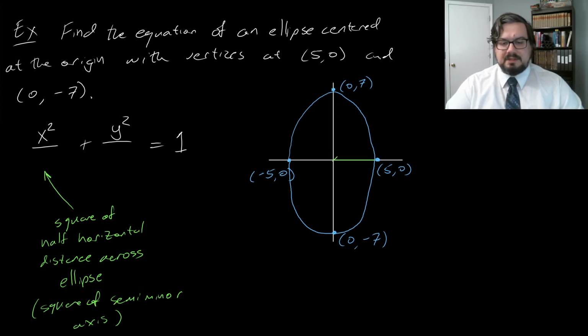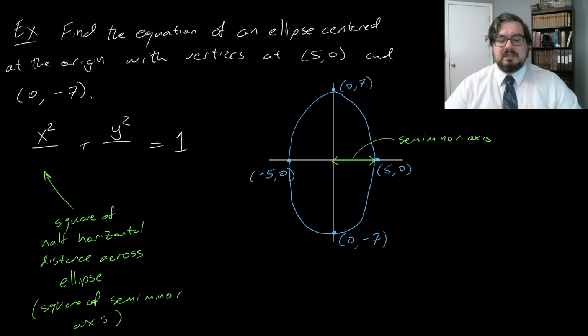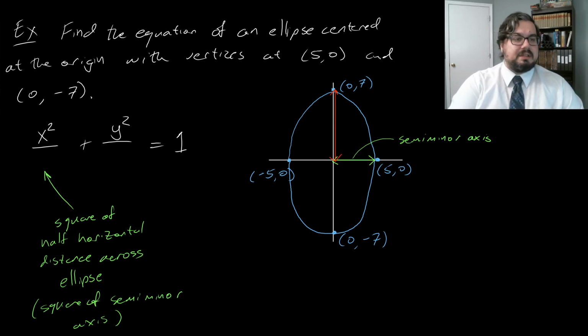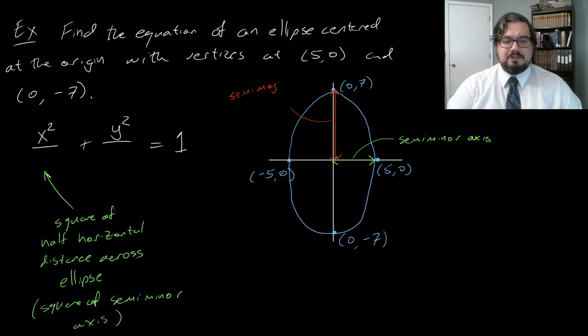So this distance right here from the center out to this point is called the semi-minor axis because it's half of the shortest distance across the ellipse. And then if we go from the origin up to the furthest point away, this is the semi-major axis.